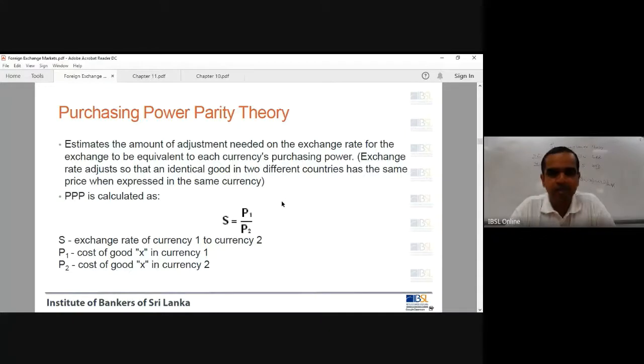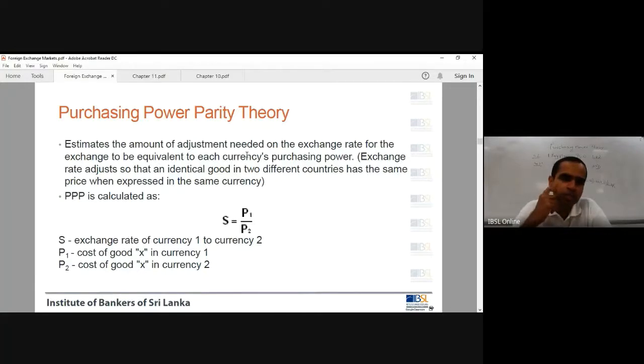Purchasing power parity estimates the amount of adjustment needed on exchange rate for the exchange rate to be equivalent to each currency's purchasing power. Exchange rate adjusts so that an identical good in two different countries has the same price when expressed in the same currency. So all you have to do is divide one exchange rate by the other.